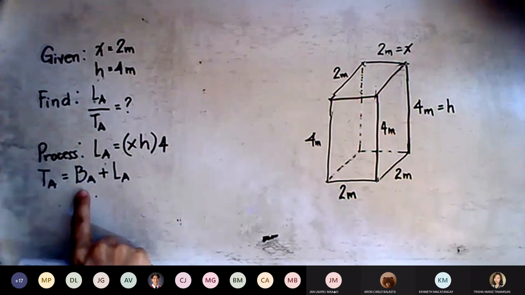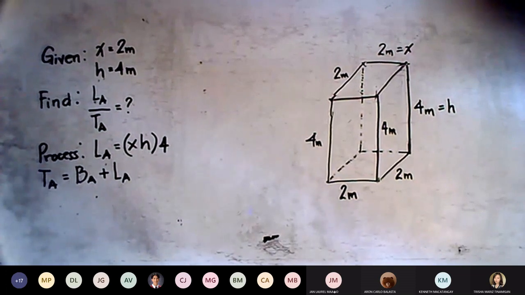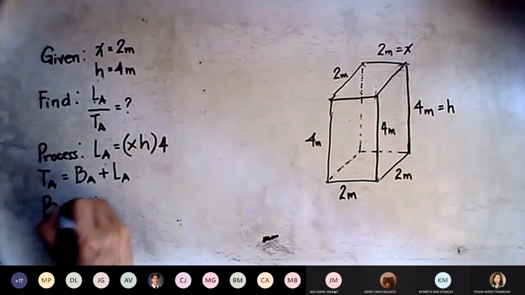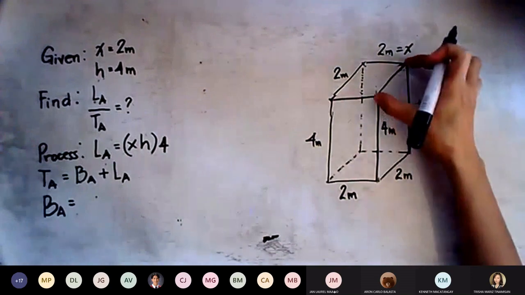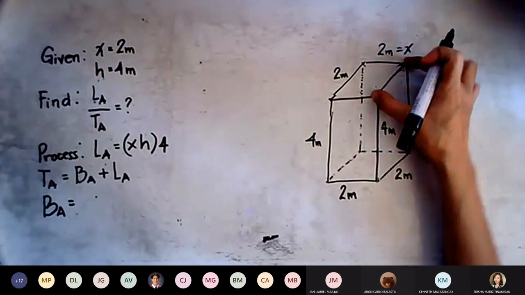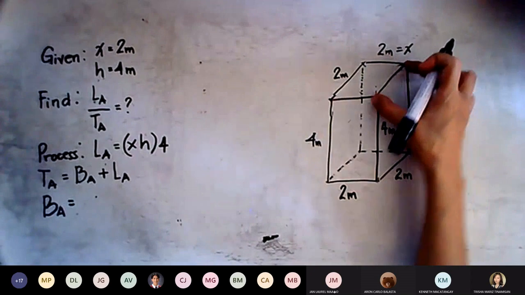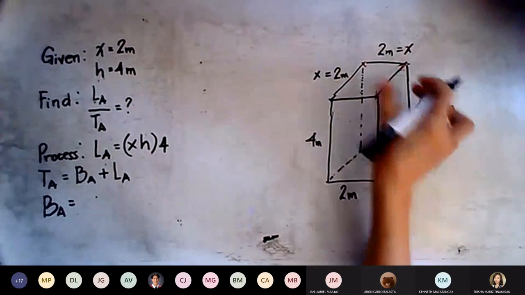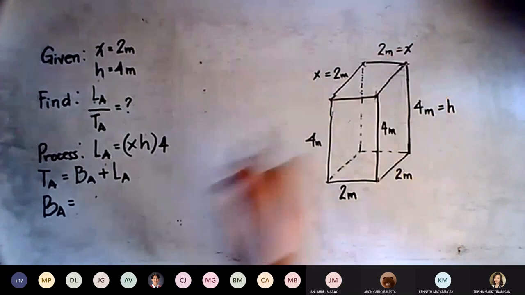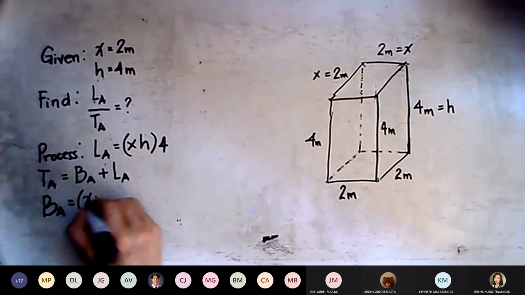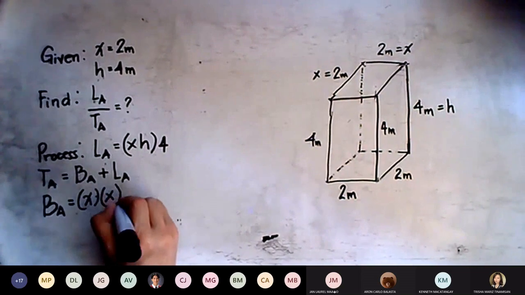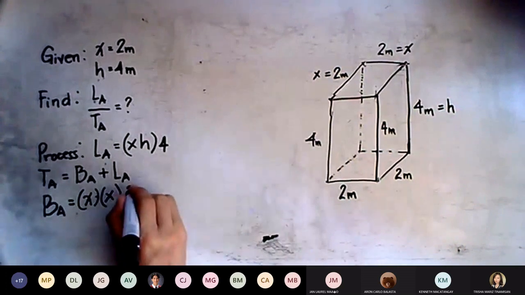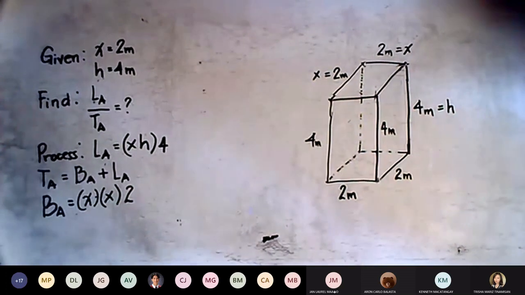What we don't have yet is the formula for the area of the base. This is a square, so the area is x times x. And since we have 2 bases, you multiply it by 2.